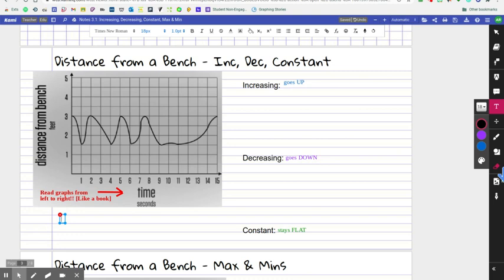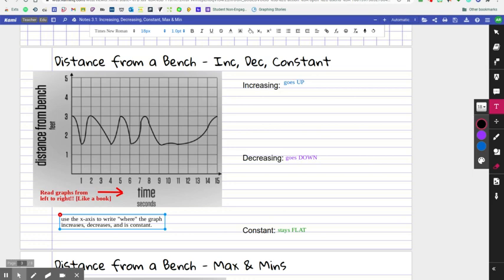If you want to use it, great. I recommend that you use it. But we use the x-axis to write where the graph increases, decreases, and is constant.